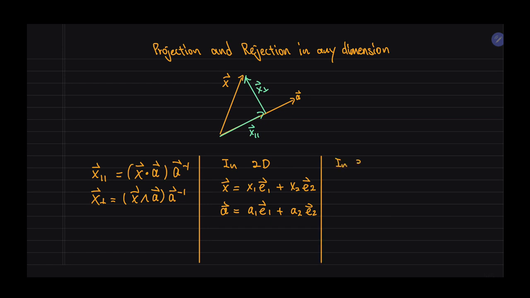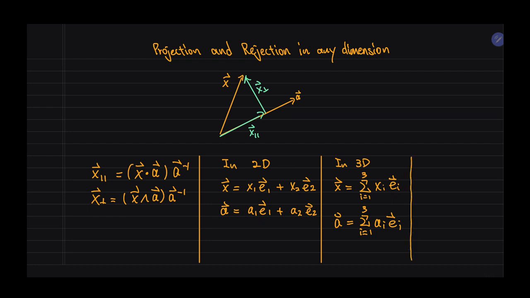In the case of 3D, x will be the sum over i from 1 to 3 of x_i e_i, and vector a will be the sum from 1 to 3 of a_i e_i.